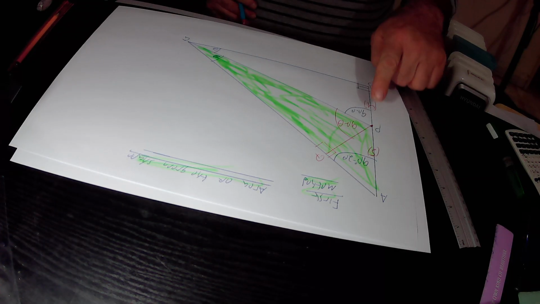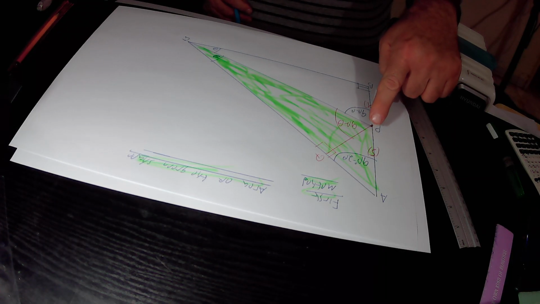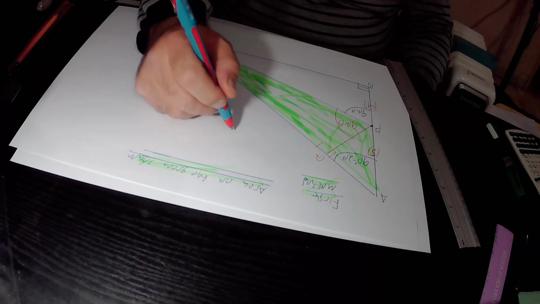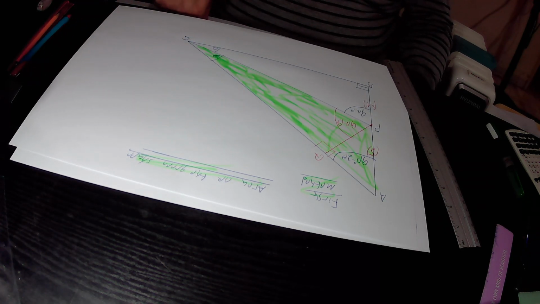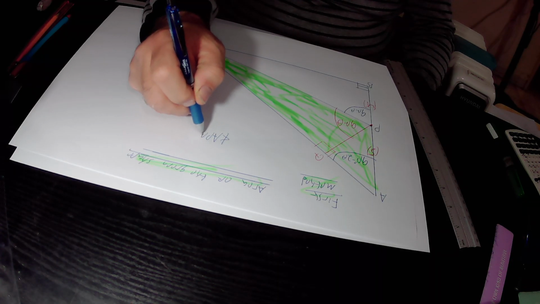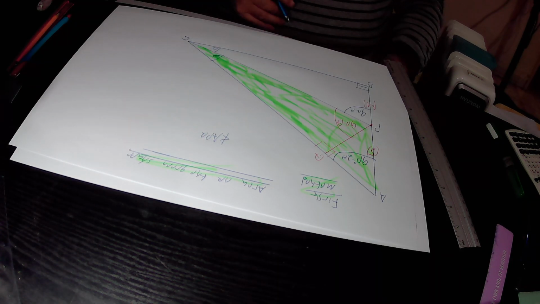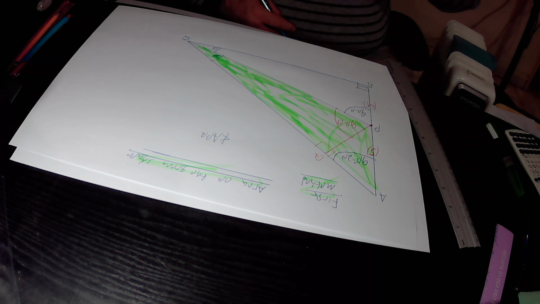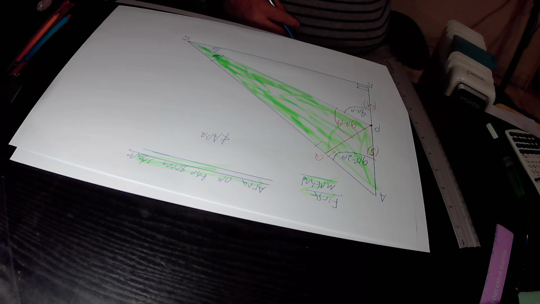What is the size of this missing angle APQ? Here we use the rule that the sum of the angles in a triangle is equal to 180 degrees.